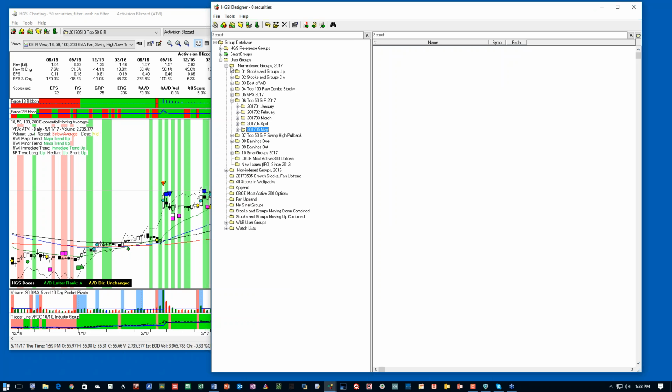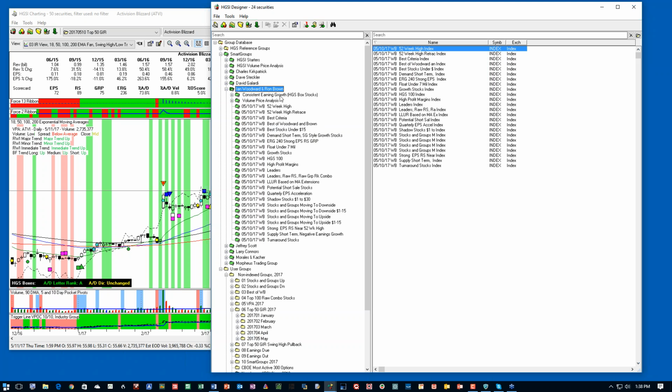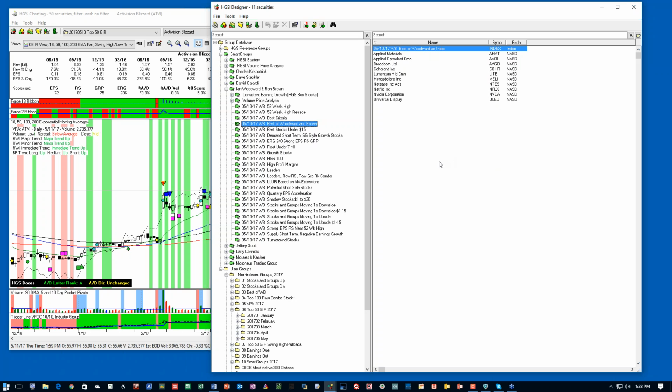Now what I'm going to do is use today's best of Woodward and Brown. It's under Ian Woodward and Ron Brown. This is where it's always been. Now you can see there's 11 securities in here because that counts the index also.